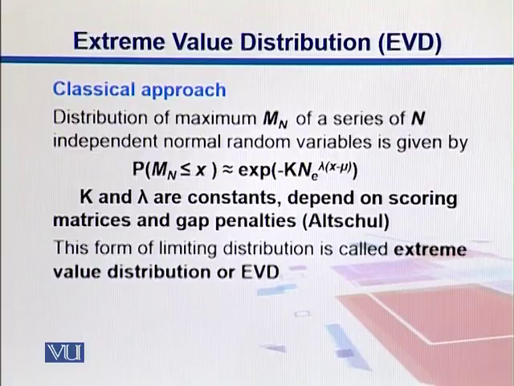So this form of distribution is called the extreme value distribution, or EVD. Remember, we have already seen the Z distribution as a normal distribution, which has a similar shape. We did not look into its actual equation, but it was something similar to this. So the EVD is a pretty similar concept.